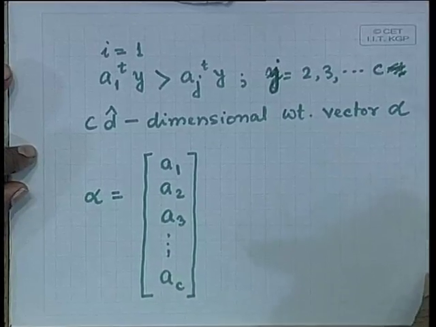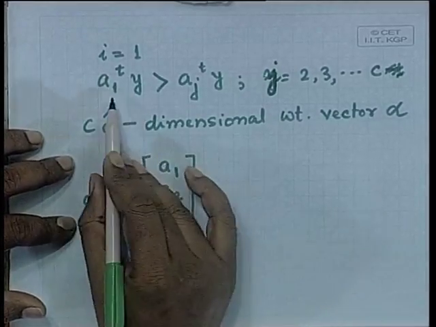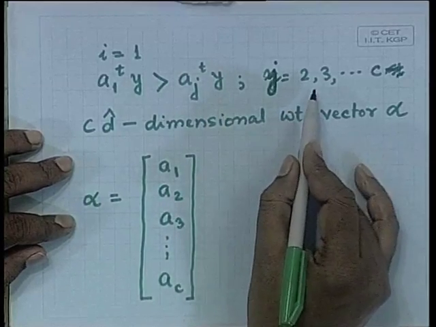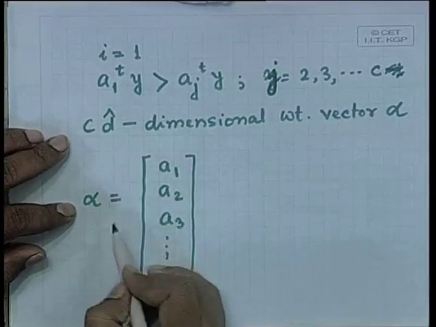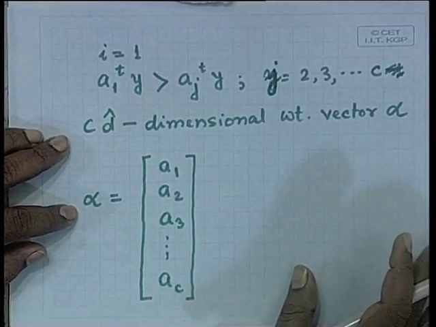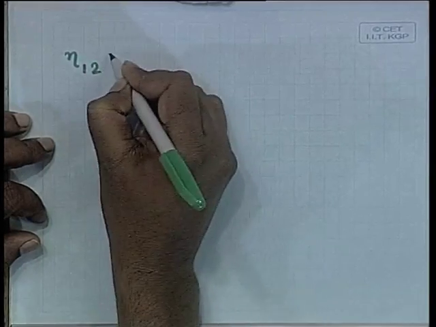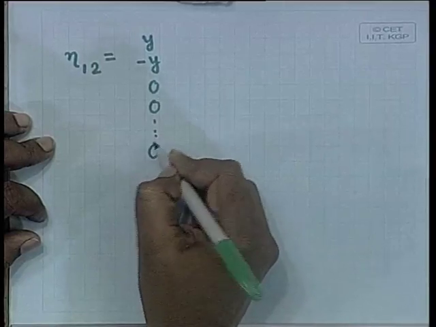So, we can think that this particular weight vector, if I have this condition that A 1 transpose y greater than A j transpose y for all values of j varying from 2 to c, then I can equivalently say that this c into d hat dimensional weight vector alpha will properly classify all the c minus 1 number of feature vectors, where the feature vectors will be of the form, say, eta 1 2, which is nothing but y minus y 0 0 0.